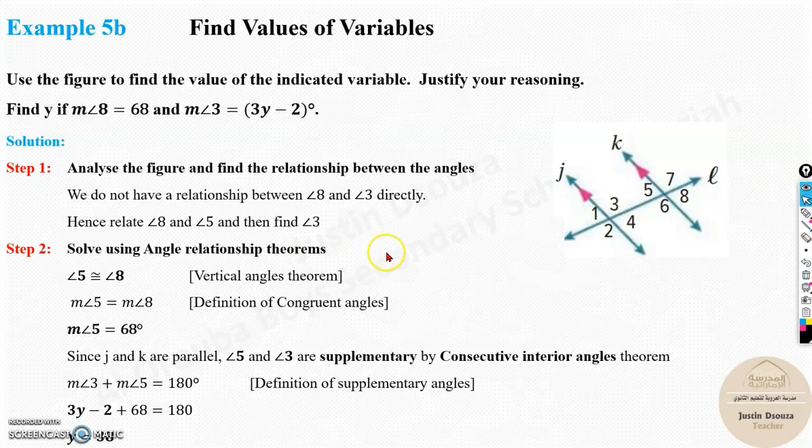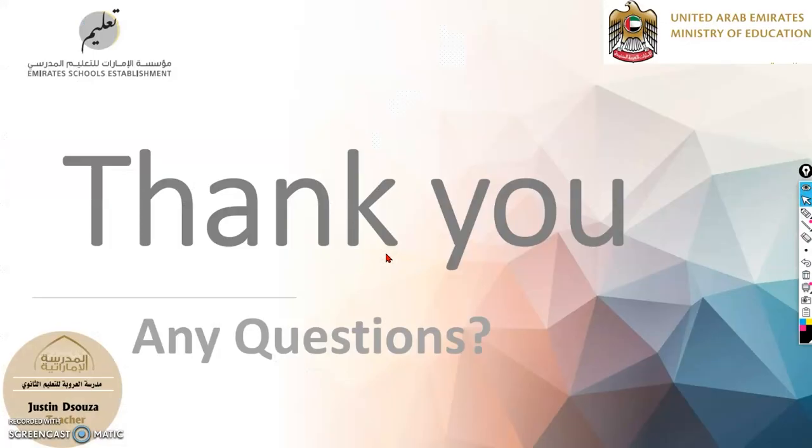So this is how we can solve these problems. That is the end of this lesson. It's a very simple and easy lesson. Just remember the relationships between transversals and parallel lines: alternate interior, alternate exterior, or same side, that is consecutive interior angles, and a few other things like vertical angles.